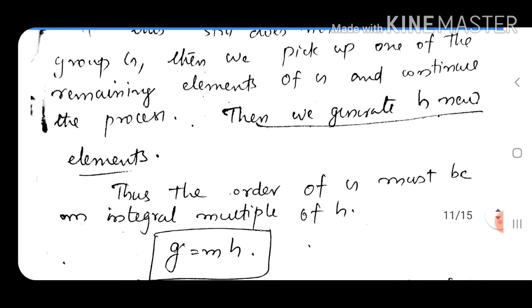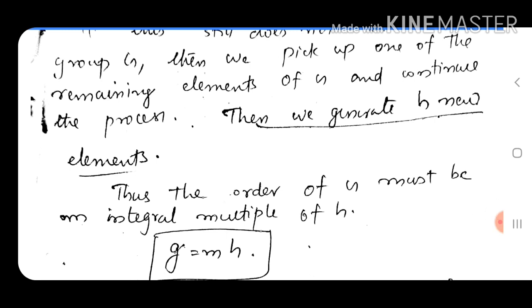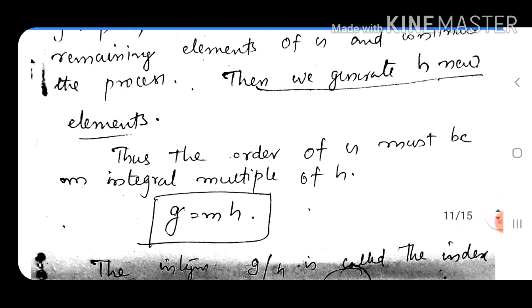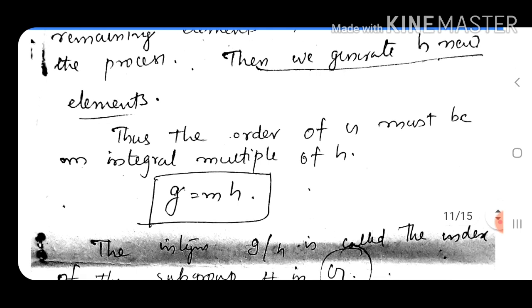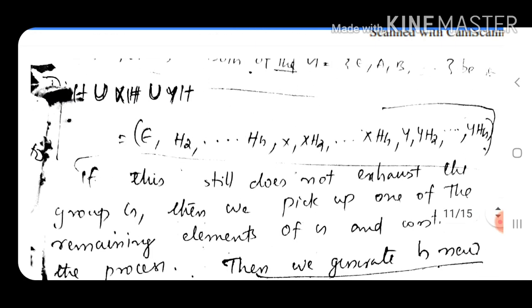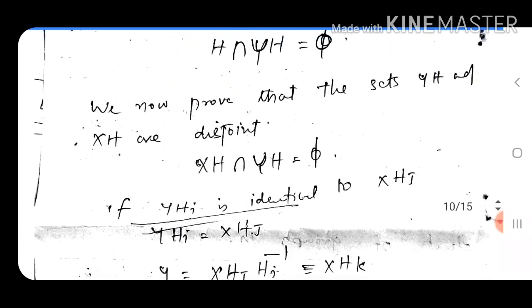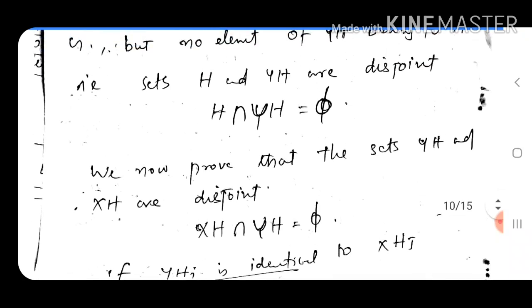Each time we form a left coset, we will be getting small h new elements of the group G. First we had h elements in the subgroup, then when we formed the left coset XH, H union XH had 2h elements.